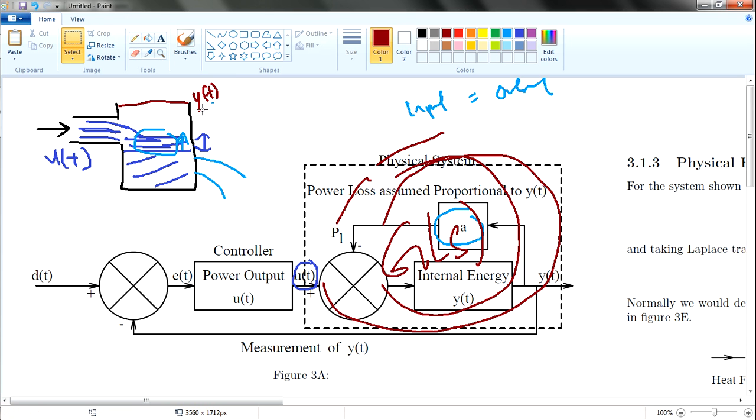If the water reaches this water level, this is our desired value. So the y of t is the height of the water tank itself.